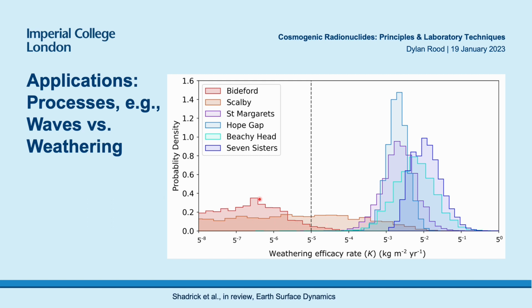This is comparing sandstone sites over here to these chalk sites in the UK. What this is showing is that only the chalk sites and the softer rock types are showing significant amounts of weathering, and that most of the sandstone erosion is being driven by wave erosion, which is of course important as well.